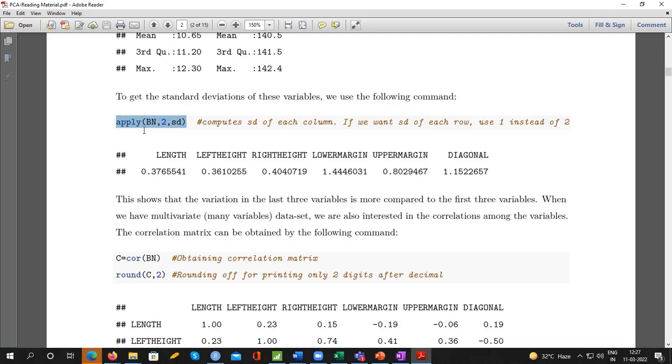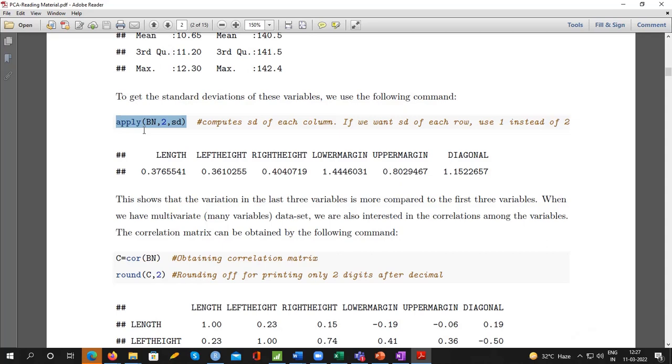This apply command is generally used when we have a matrix and we have to apply some function to every row of that matrix or every column of that matrix. Here we want to check the variance of each variable. So for that, we are going to compute SD, that is standard deviation, for each column.